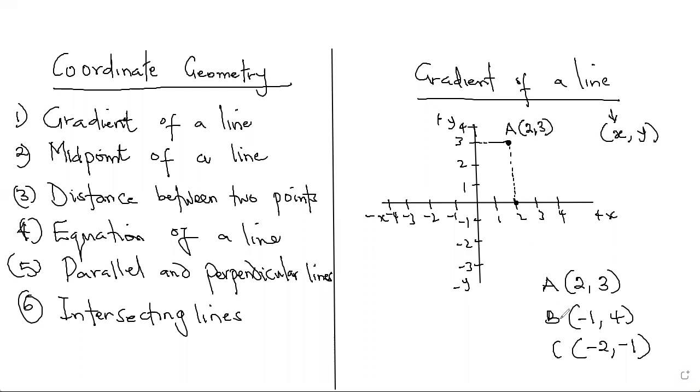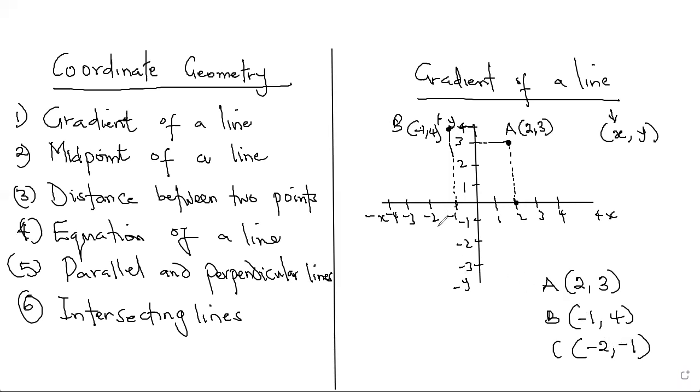Then point B, x is -1, that's the coordinate of x, and 4 is the coordinate of y. So you go to -1 on the x-axis, and you keep going up because you have a positive number here until you meet y equals 4. This is point B, and it has a coordinate of (-1, 4). Then for point C, x is -2 and y is -1.